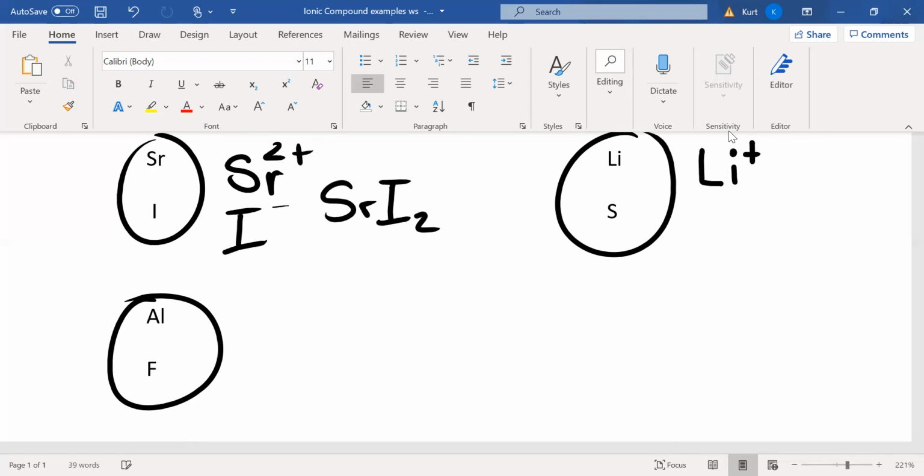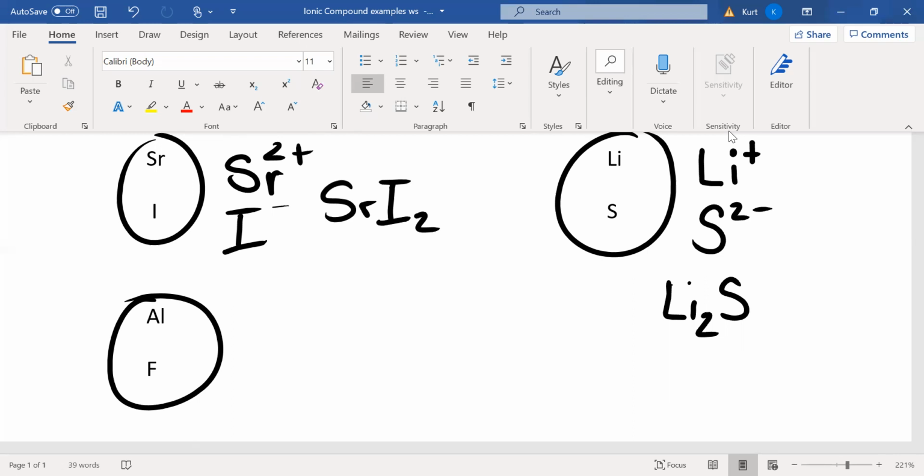Correct. How about sulfur? -2. What is their formula? Li2S. What is the name of this compound? Lithium sulfide.